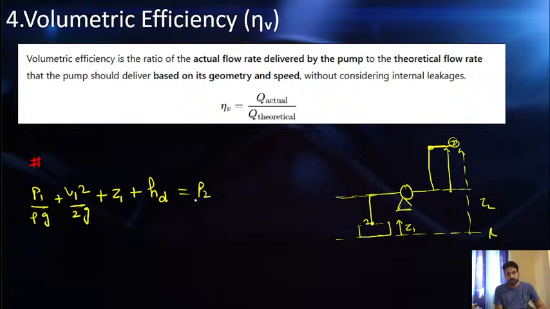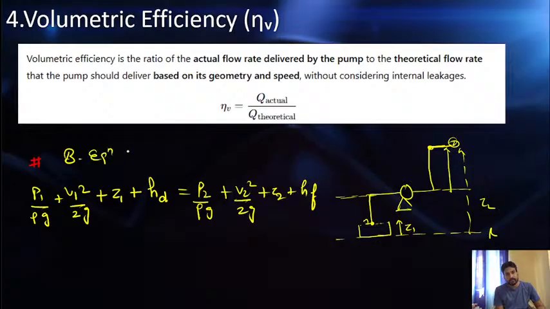This is equal to P2 over rho g plus V2 square over 2g plus Z2 plus whatever other losses there are, like friction losses. So this is the Bernoulli equation in the pump.